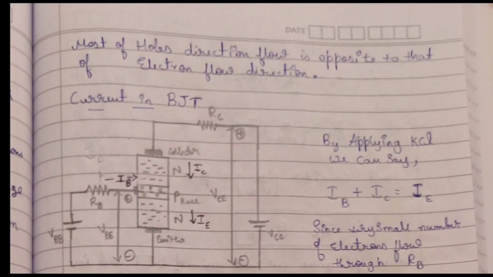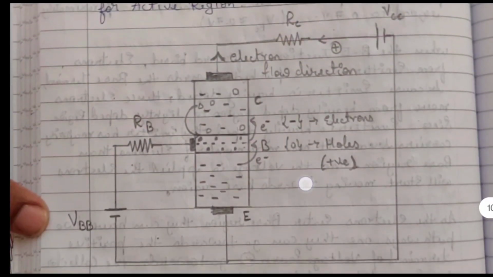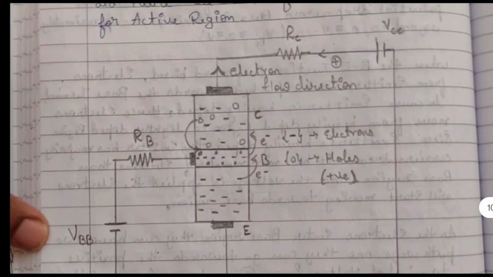As you can see here, the holes which are being created will usually be in the opposite direction of the flow of electrons. Only in that case is there a possibility of an electron being captured, or an electron can occupy the holes which are being created in the BJT.